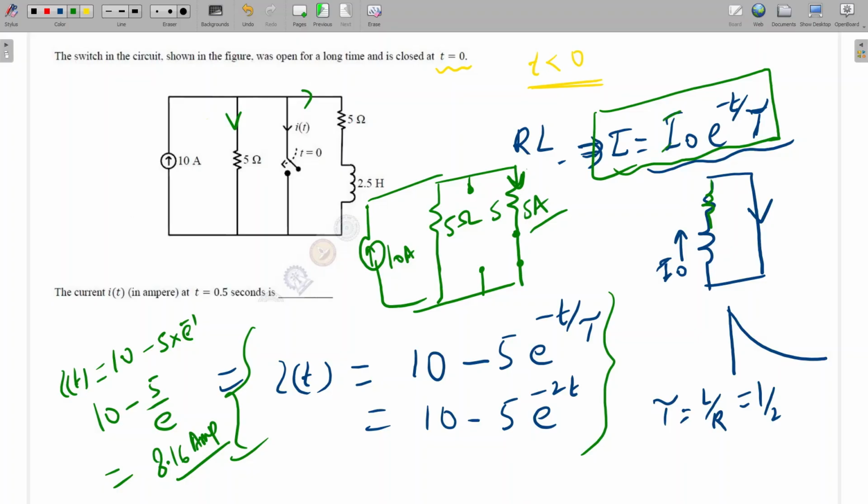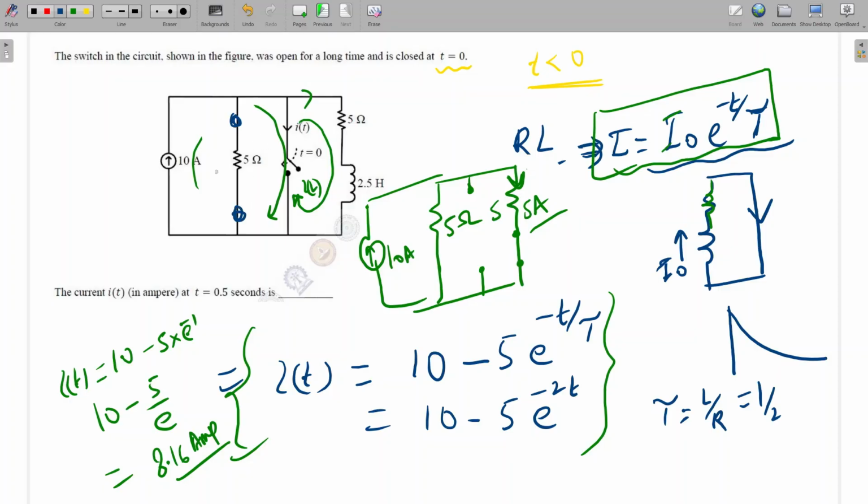And what will be the circuit at t greater than 0? At t greater than 0, this is an RL circuit. So this I of L will flow in this direction, and this current will flow in this direction, and in this resistance no current will flow. This resistance will be open circuit because current will flow through the least resistance path.